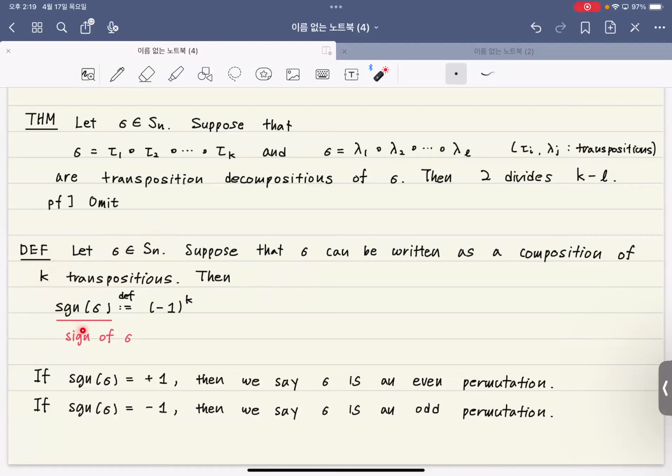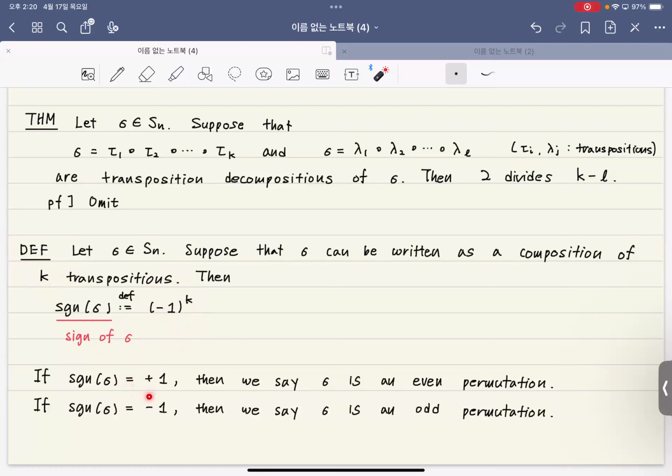So I want to define the sign of sigma, which is always plus or minus 1, defined like this: -1 raised to the power of k. Even though k is not well defined, this number is always well defined.